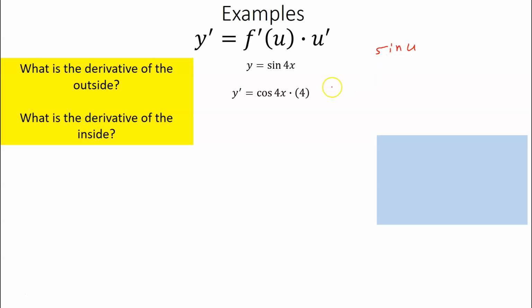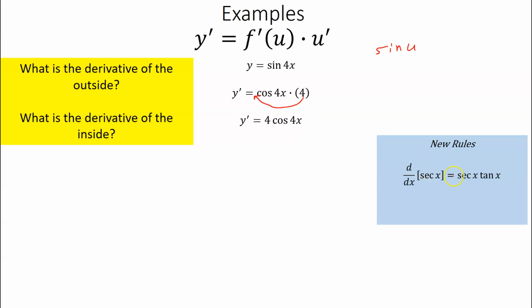Well, cosine u would be the derivative, and the u is 4x, so the 4x stays, times, well, the derivative of the inside is just 4. Do not do this. Do not multiply that times 4. It's not going to be 16x. If you want to rearrange it, you can put the 4 in front, because it's 4 times all of this is what it is. Okay.